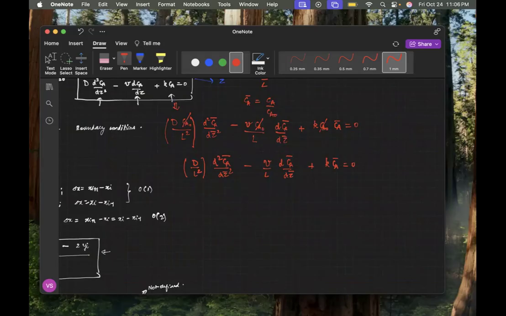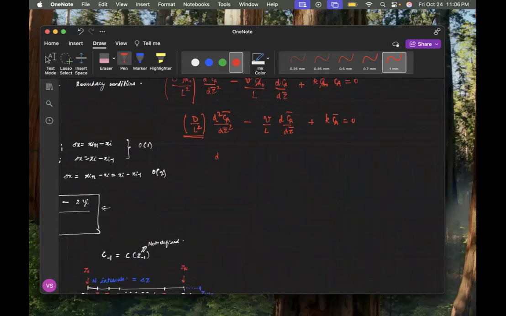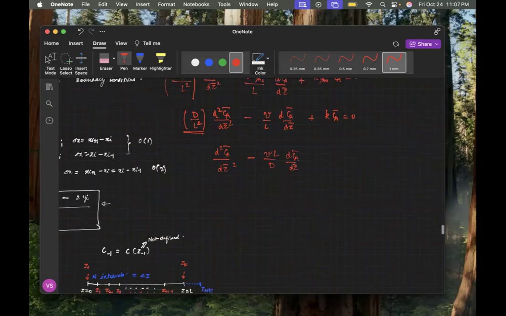So let's multiply L squared by D on both sides. So when we do that, we get d squared Ca bar by dz bar squared minus VL over D dCa bar by dz bar, right? Plus K L squared by D Ca bar is equal to 0.